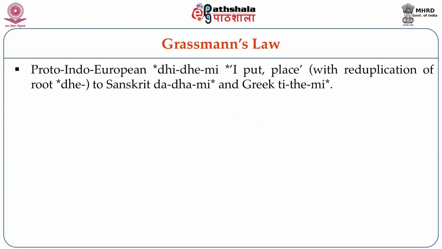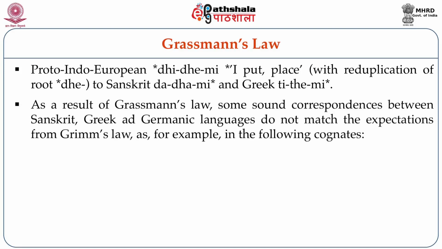Proto-Indo-European dhi, to put or place, with reduplication of root dhe, gives Sanskrit da-dha-mi and Greek ti-the-mi. As a result of Grassmann's law, some sound correspondences between Sanskrit, Greek, and Germanic languages do not match the expectations from Grimm's law, as for example in the following cognates.